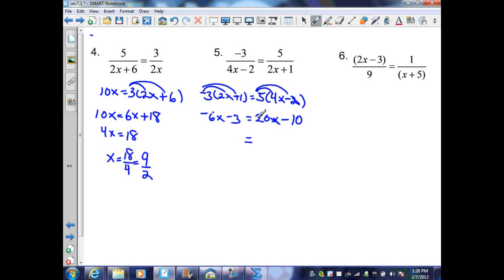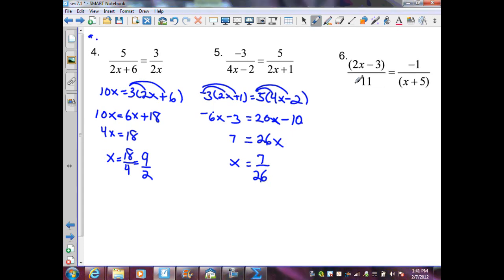I'm going to add 6x to both sides. I'm going to get 26x. Add 10x. I'll get 7. Divide by 26. I get x equal to 7 over 26.